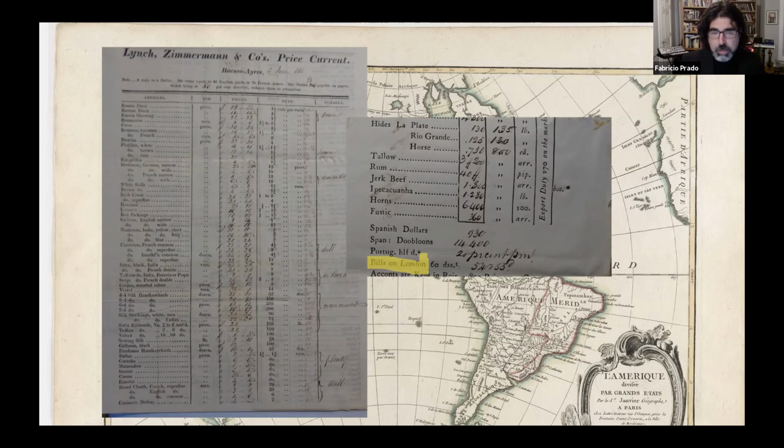So economic historians of the United States have emphasized the critical role that Spanish silver had in the development of the American economy in the early republic. Normally, though, they talk about how Americans were tapping silver from Mexico via Cuba. Very little attention is spent on the American presence in Rio de la Plata or in the South Atlantic.